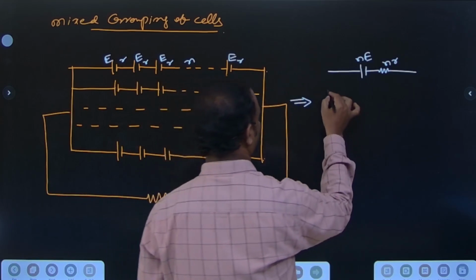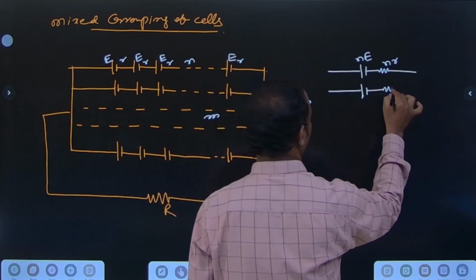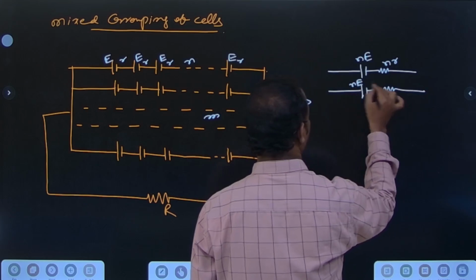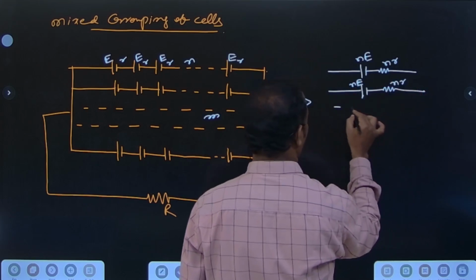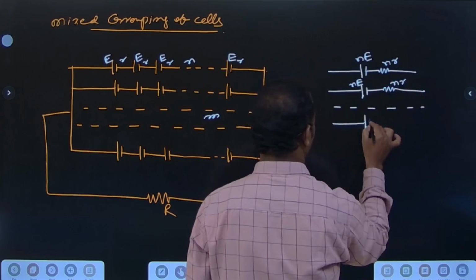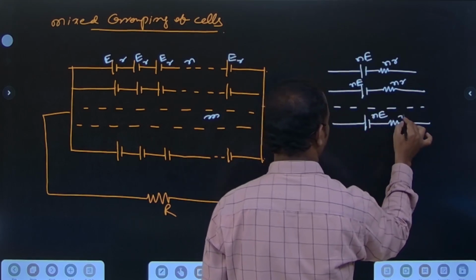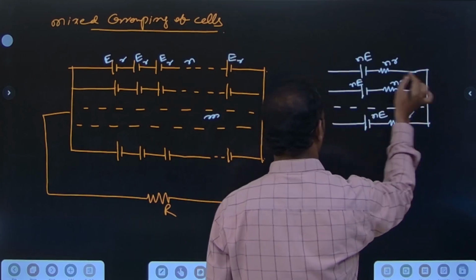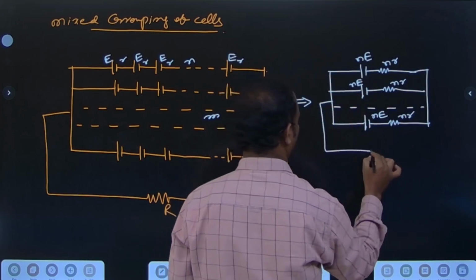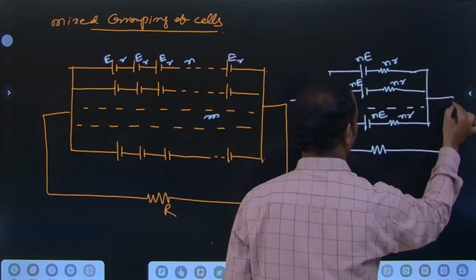So nE and nr are the values for each branch, and these branches are all connected in parallel.